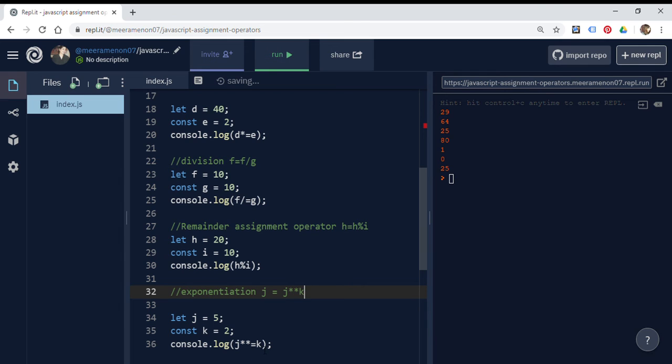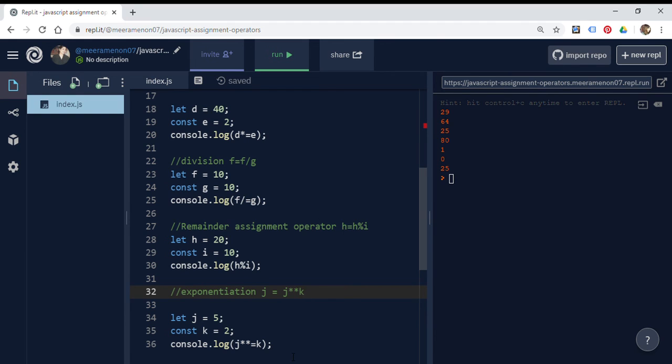This is the short form you're using here. We've already spoken about the exponentiation symbol earlier in the arithmetic class. So you are already aware of this star sign. So I'm using it back here for this assignment operator.